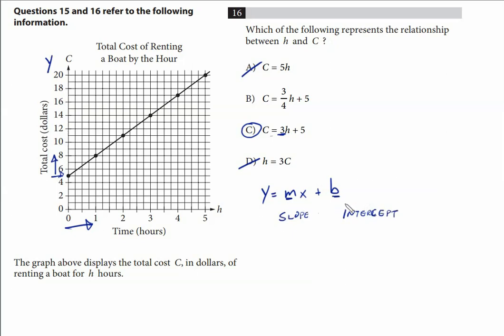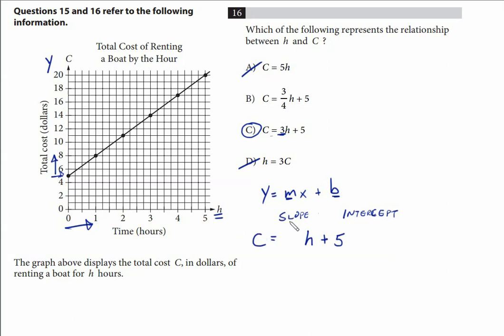And the intercept is simply the point at which the line crosses the y-axis, which in this case is 5. So we're going to put that down. And instead of x, this graph shows the variable of time h in hours, and y in this case is the cost c.